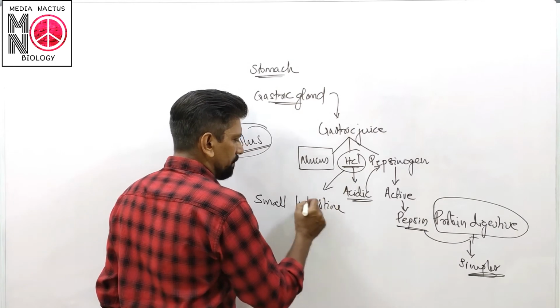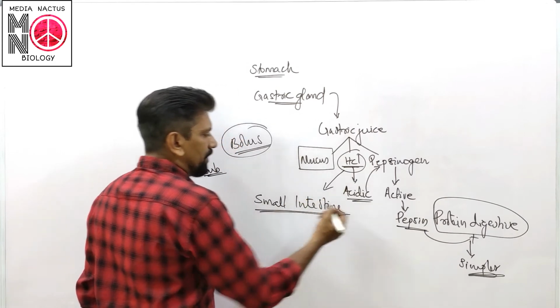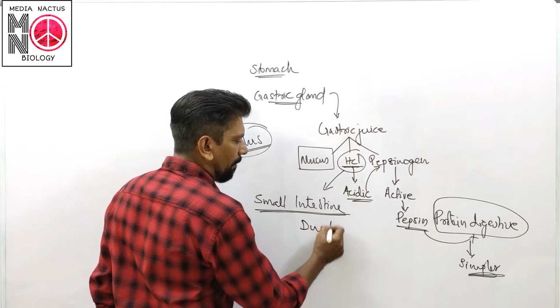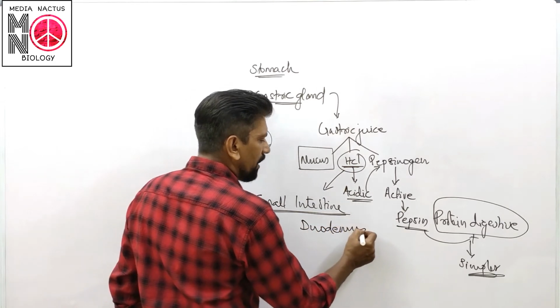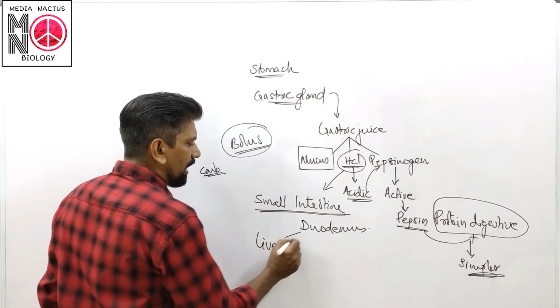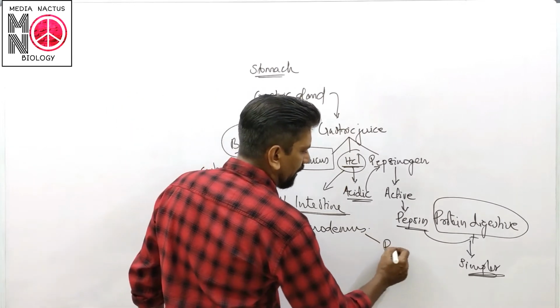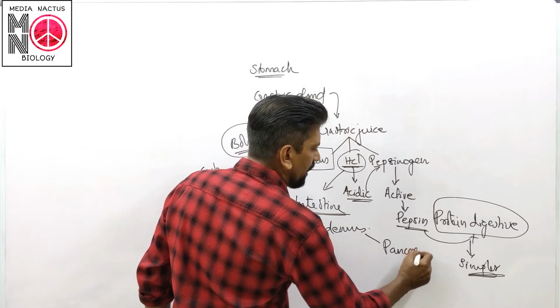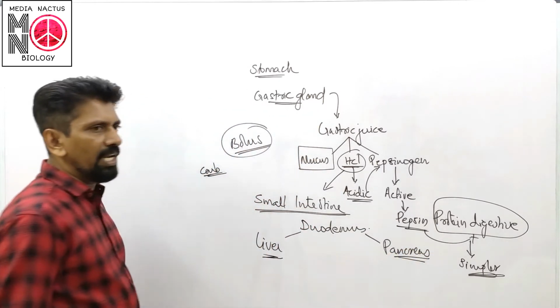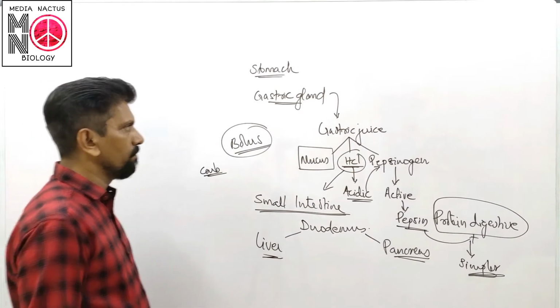Small intestine. The first region of the small intestine is known as the duodenum. And we find the presence of the liver and pancreas. Liver and pancreas are present in the duodenal region.